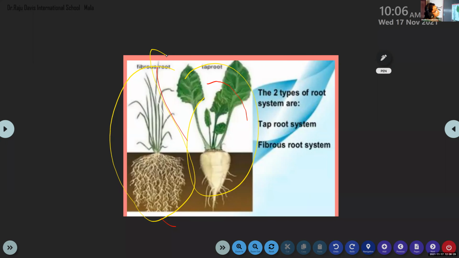But did I mention the venation for these root systems? No, ma'am. Okay, so that is what I am talking about. Here, the taproot system is under reticulate venation, and the fibrous root system is under parallel venation.